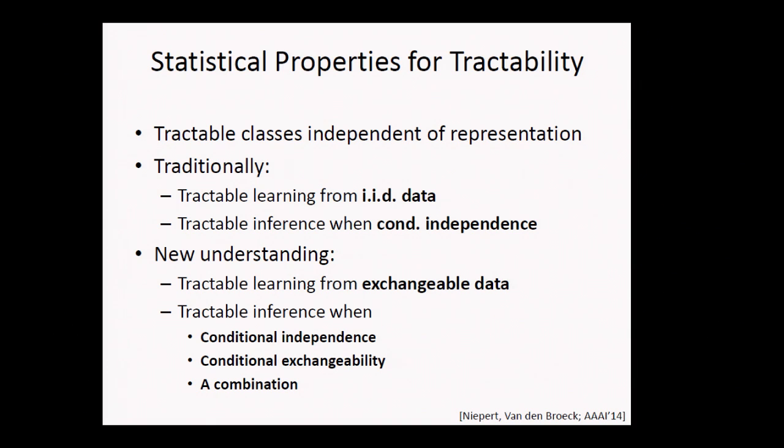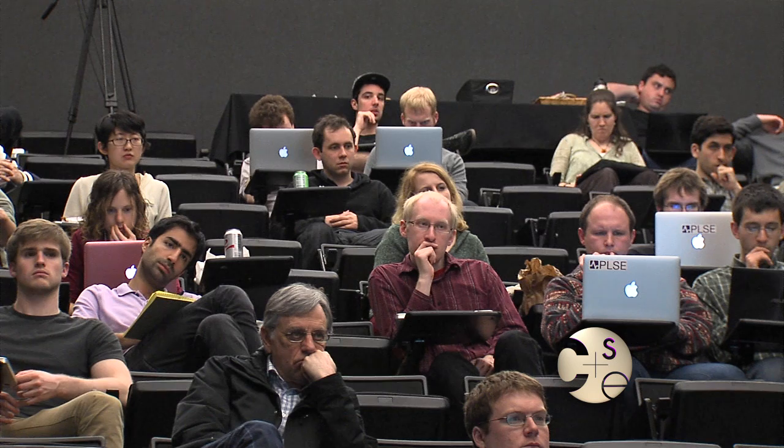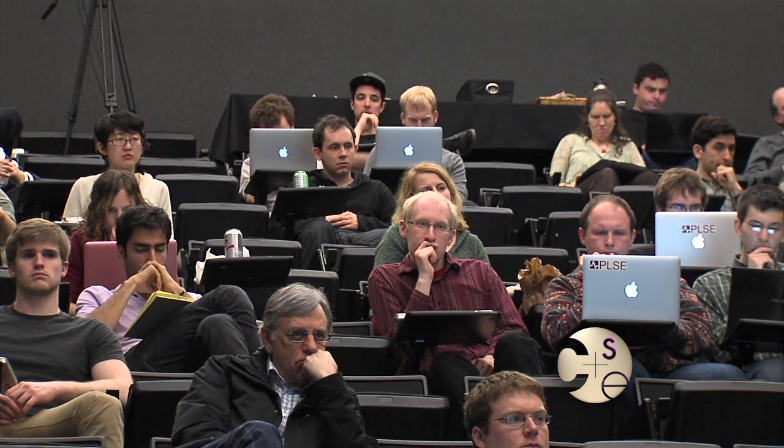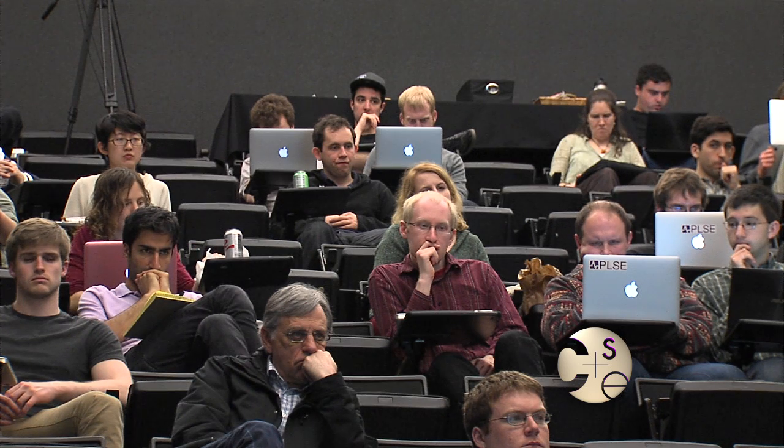And now what we tried to argue in this paper is that if you want to do learning, you just need exchangeable data. If you want to do tractable inference and make predictions efficiently, then all you need is either conditional independence or some type of conditional exchangeability or a combination of the 2. So in this pursuit of understanding the complexity and the strengths and limitations of high-level probabilistic reasoning, you can also ask these questions in terms of statistical properties.